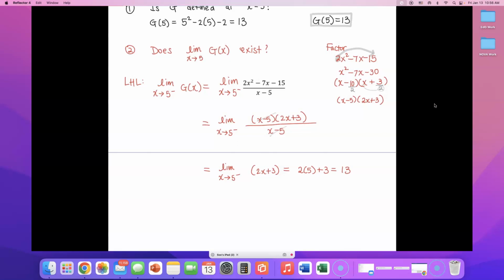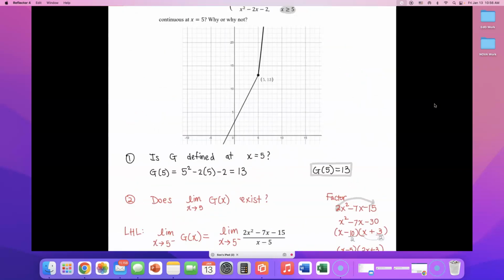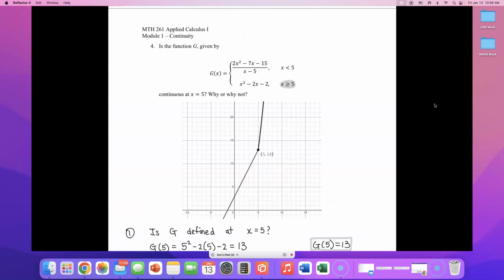Now let's do the right-hand limit. Limit as x approaches 5 from the right of g of x. That's going to be limit as x approaches 5 from the right of the bottom piece of this piecewise function, which is this. Oh, thank goodness, it's just a quadratic. We are not going to have to factor and simplify this one.